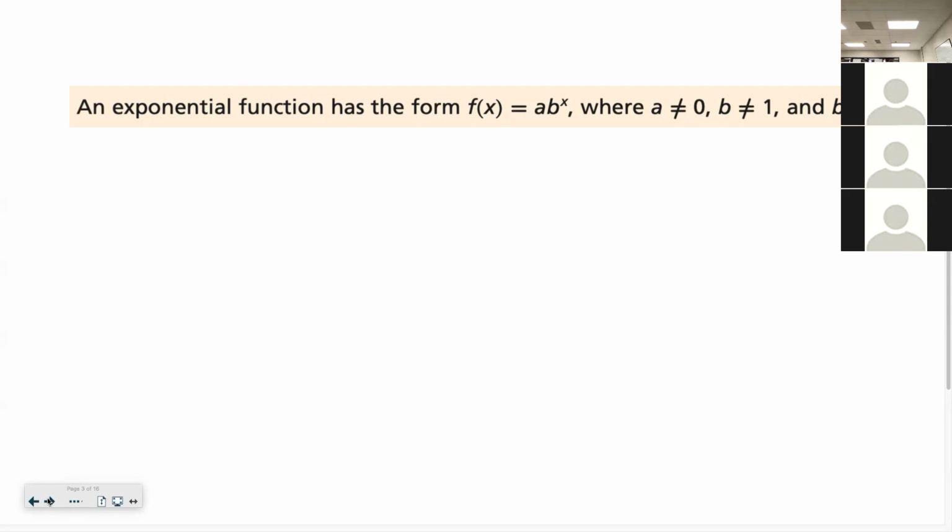It says b has to be positive, which is semi-true. This right here is really all that matters from that. You're not going to be given one that has numbers that don't work. Everything you'll be given works.